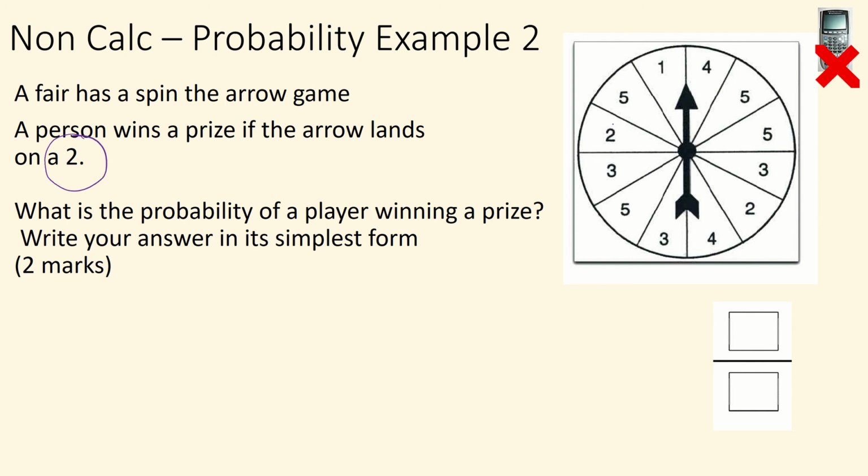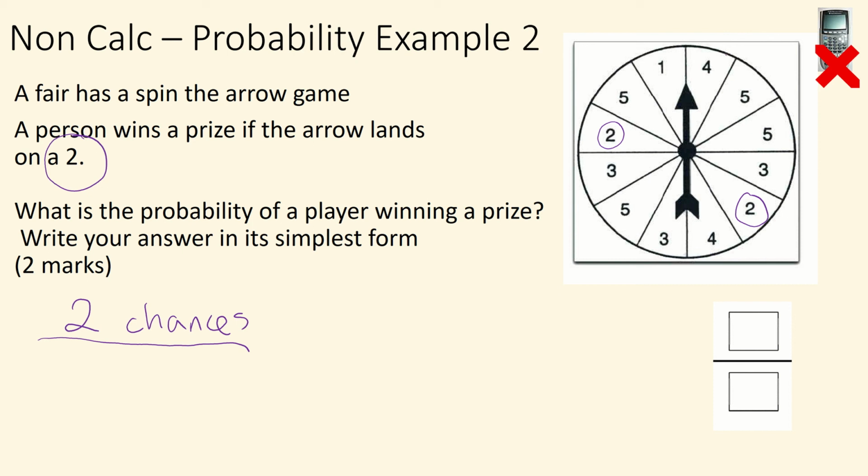First of all, how many times do we see the number 2 on this spinning board? We've got 1 here and we've got 1 here, so there are 2 chances for the arrow to land on the number 2. But now we need to know how many opportunities there are, which just means how many places there are on the board.